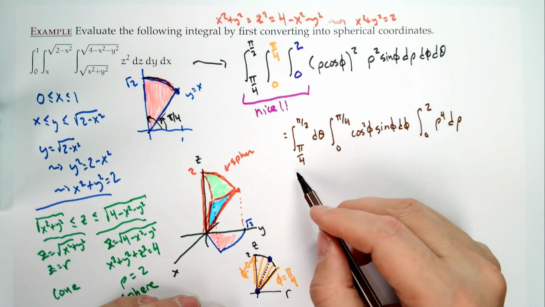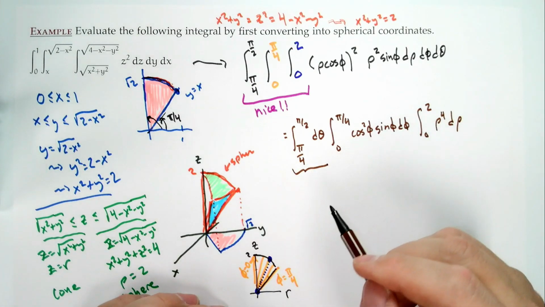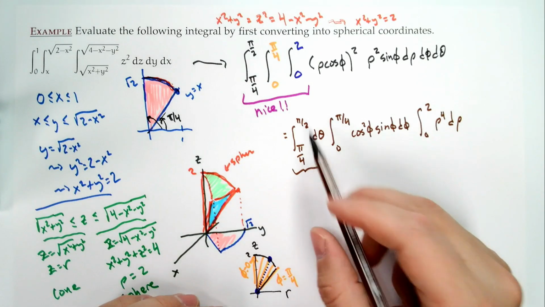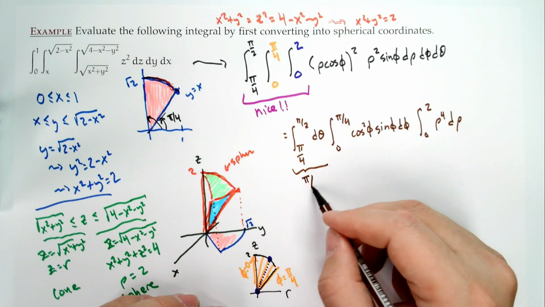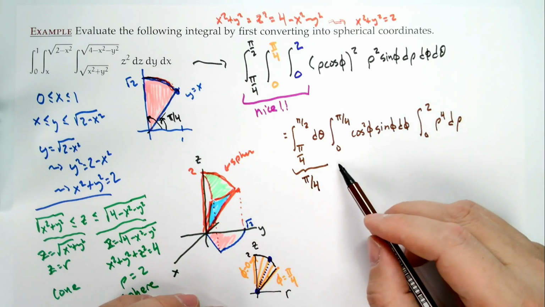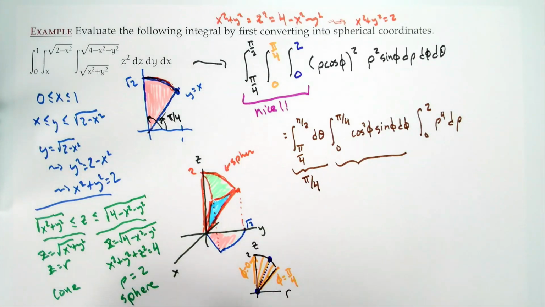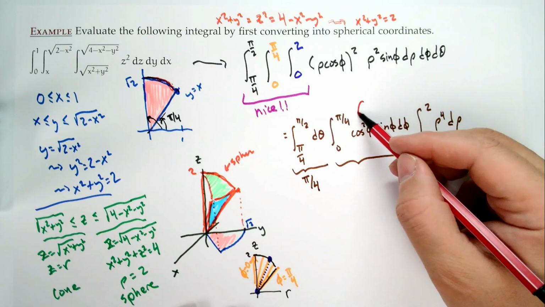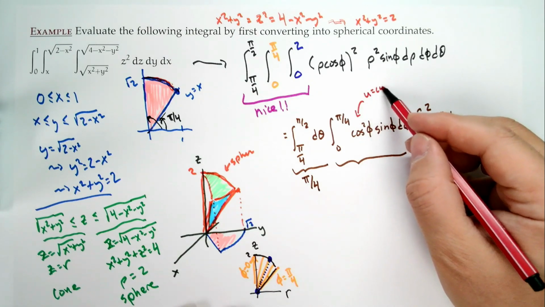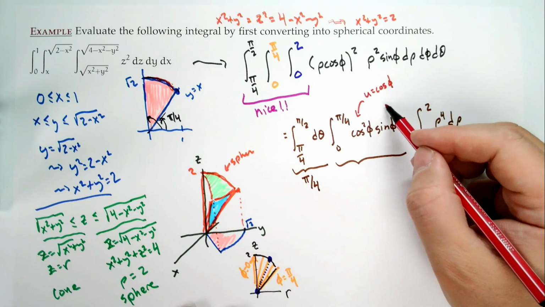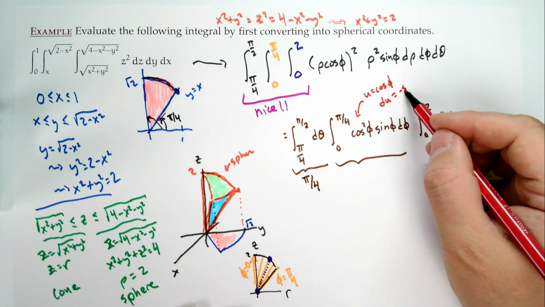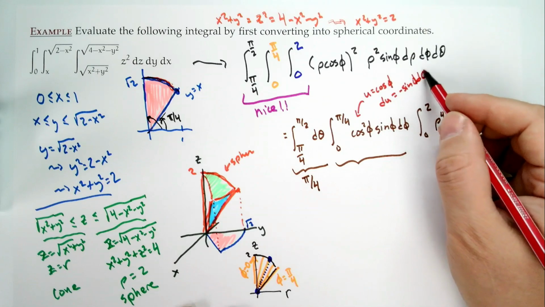Now the first integral, that's pretty easy. We can do that one without having to do any work. It's 1 from pi fourths to pi halves, which is the difference between the endpoints. That's pi fourths. Now the second integral, that one's slightly more subtle, but not too bad, because it's set up in a nice way. If you let u equal cosine phi, then du is negative sine phi d phi.